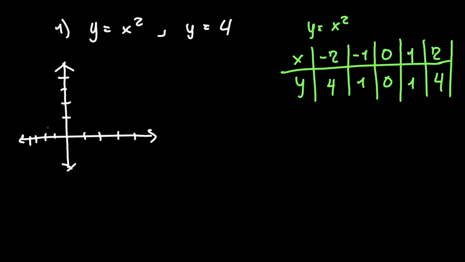If x is -2, y would be +4. If x is -1, y would also be 1. If x is 0, y is 0. So something like a graph of this. This is the graph of y equals x squared.